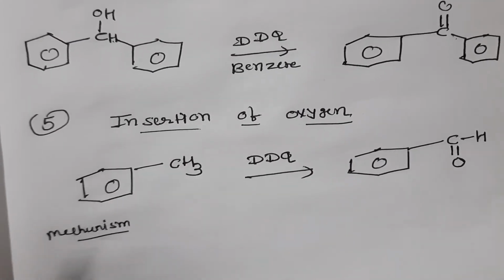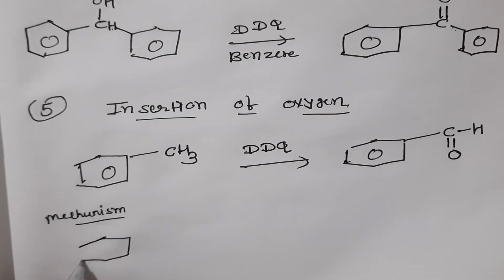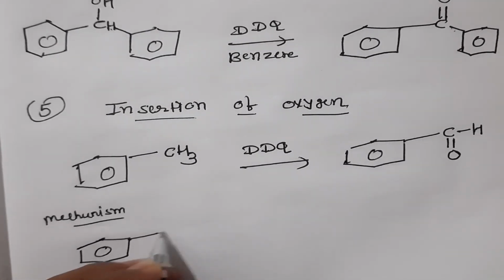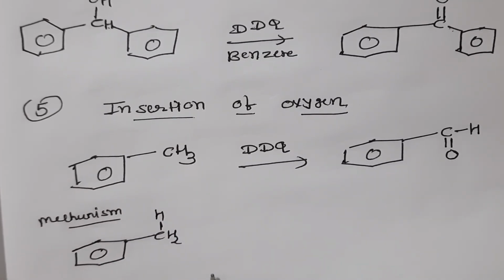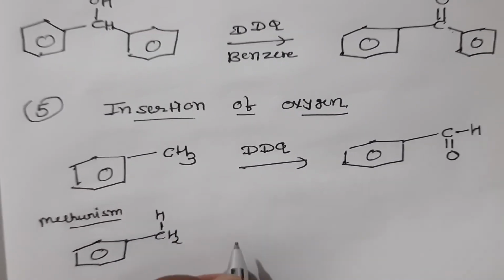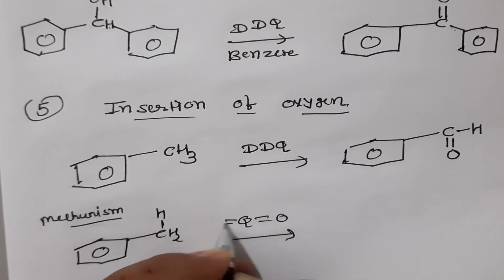In the first step there is an active hydrogen here. This is toluene, and this H minus is abstracted by DDQ.